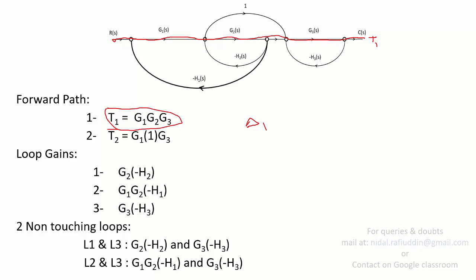Almost every part of this SFG touches the path T1. In other words, if you were able to erase the path T1 and all the elements or parts of the SFG associated with it, the SFG that remains after erasing will give you the value of delta 1.